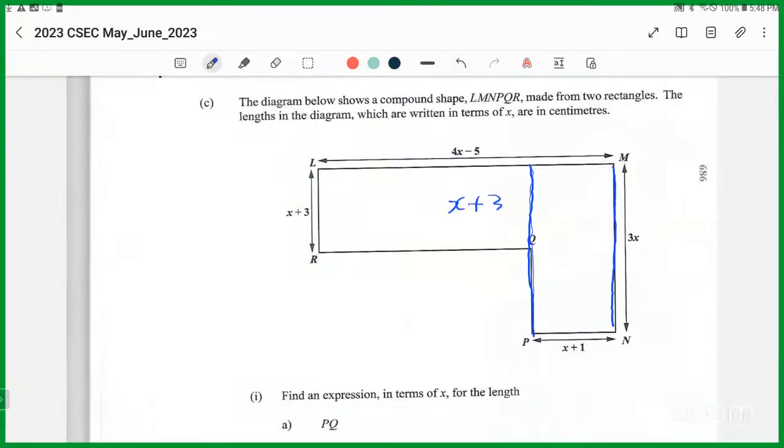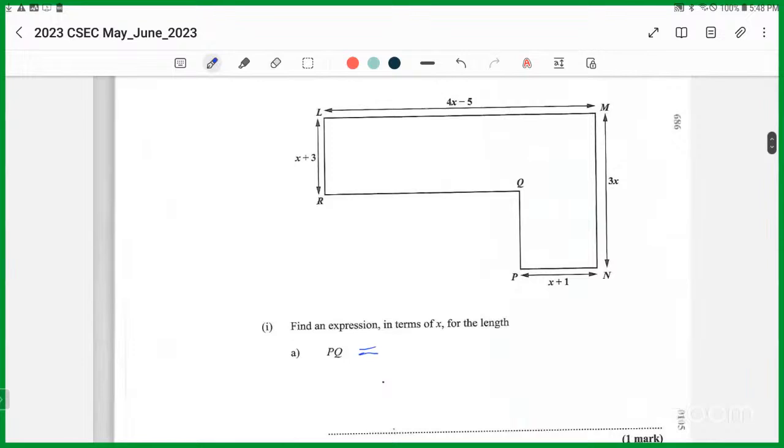That becomes 3x minus x, which is 2x. And be careful, it is minus this 3, so it becomes 2x minus 3. So this side is 2x minus 3.